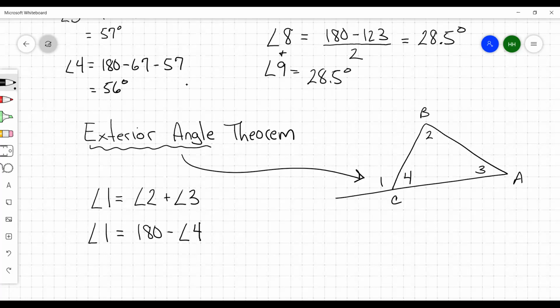Those are your two rules regarding exterior angles. Right here, this angle is called an exterior angle. It's on the outside of a triangle.